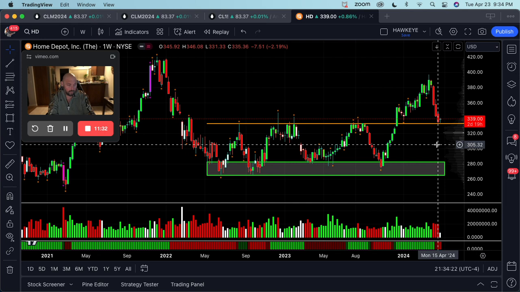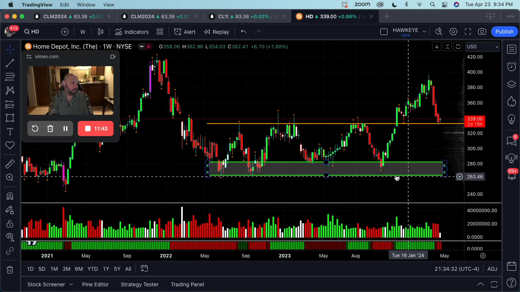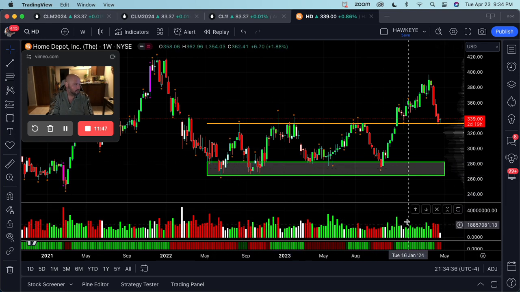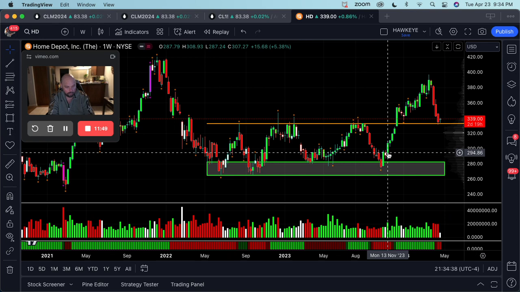The next step is, what is the interaction between buyers and sellers at those levels? What is the price action telling us? What is the volume telling us? Can we, with a great deal of certainty, say, okay, price has come to this level.